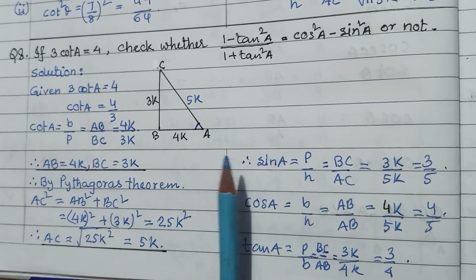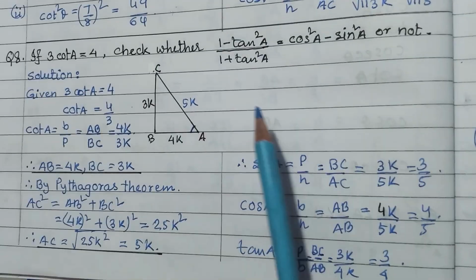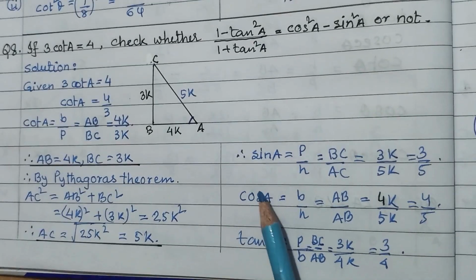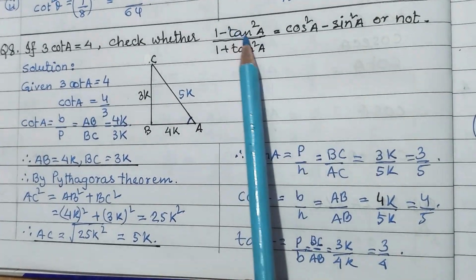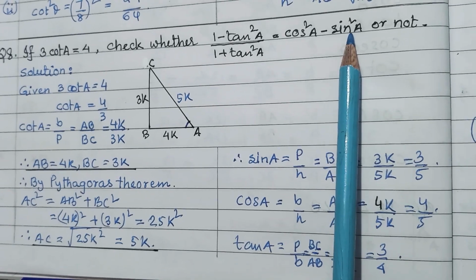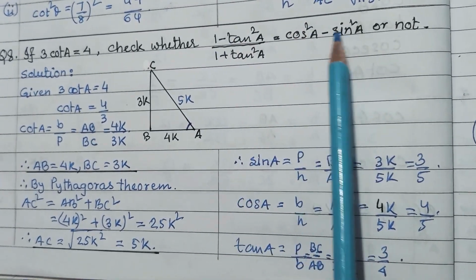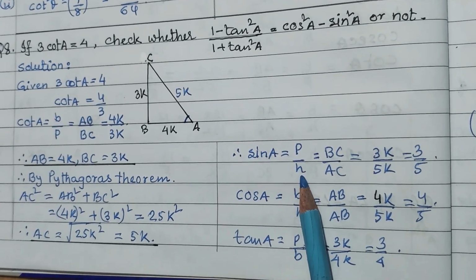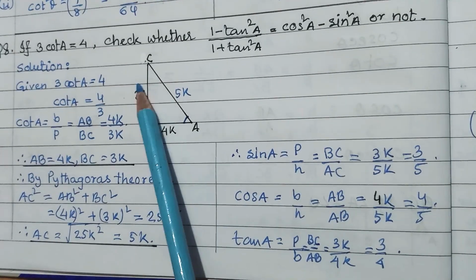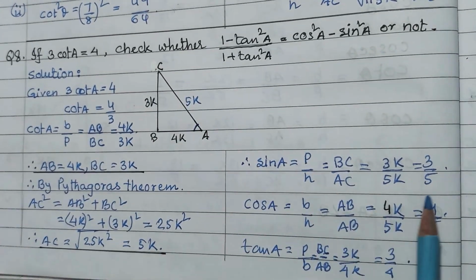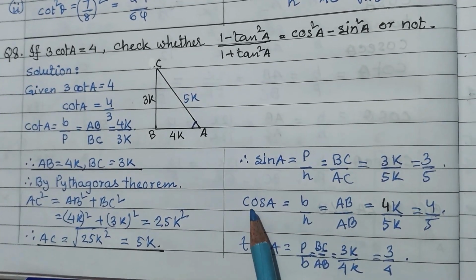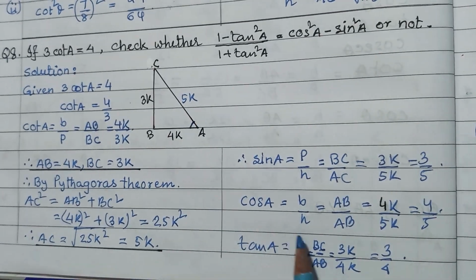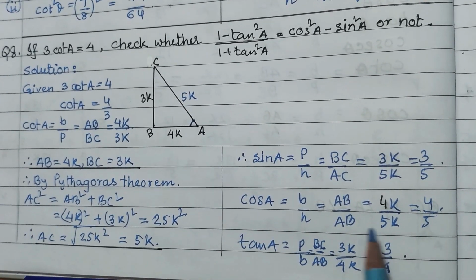Now, here we have to find out sin A, cos A, tan A, because tan, cos and sin are there in this given question. So sin A is perpendicular upon hypotenuse, it is 3 upon 5. Next, cos A is equal to base upon hypotenuse, it is 4 upon 5.